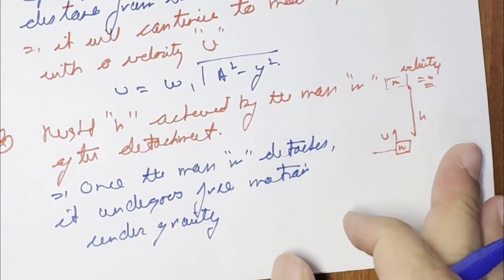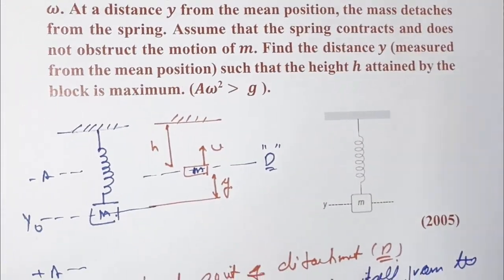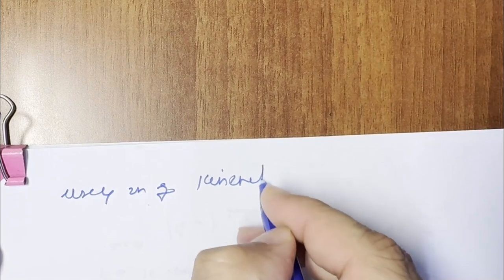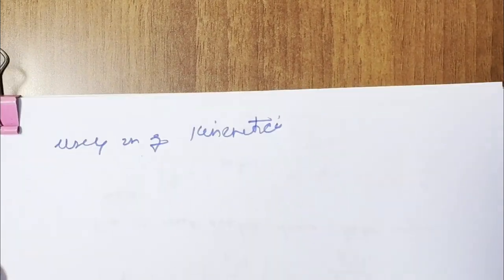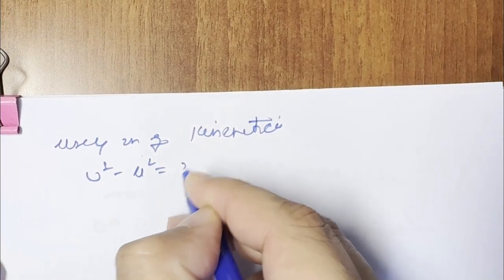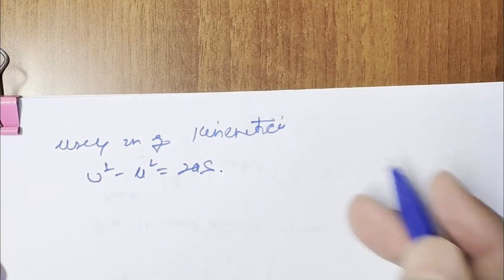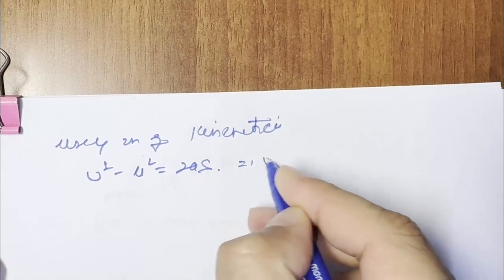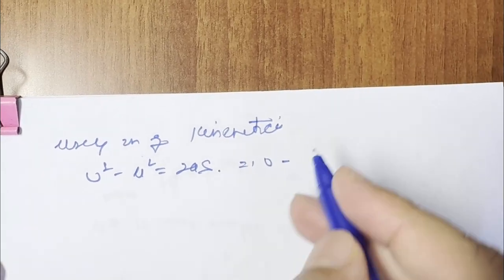Using the equation of kinematics, v square minus u square is equal to 2as, where the final velocity is 0 and u is equal to v.